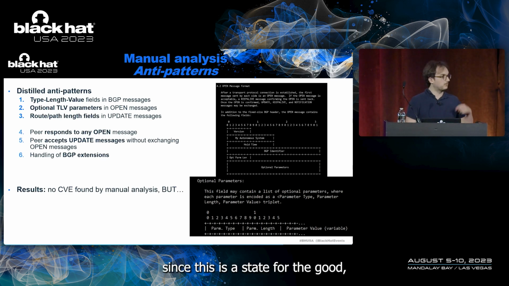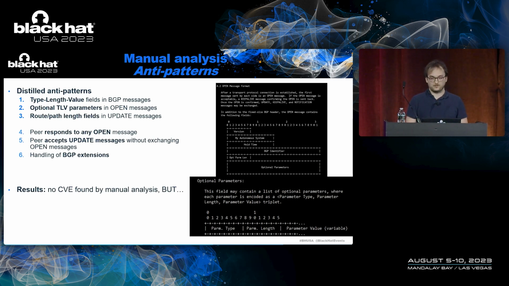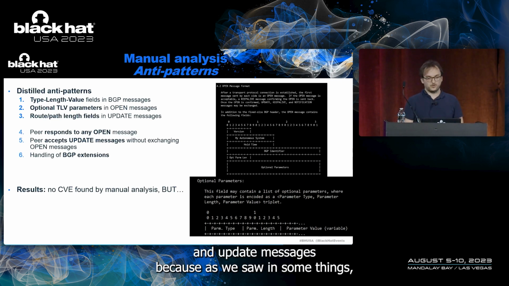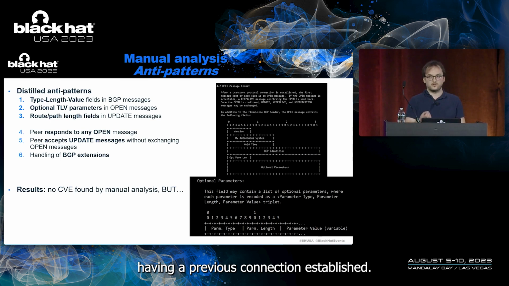And since this is a stateful protocol, as Daniel explained, it can be difficult to do the exception handling, and the parsing also is more prone to errors. And so in the end, we focused mostly on open and update messages because, as we saw, they can sometimes be parsed before having a previous BGP connection established.